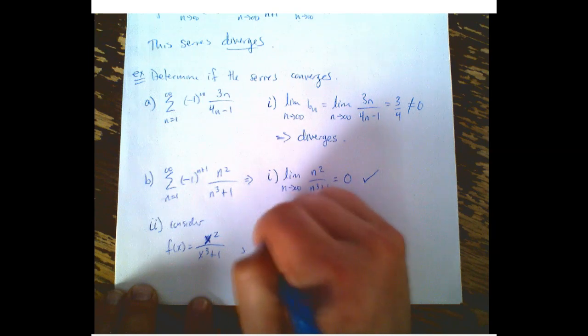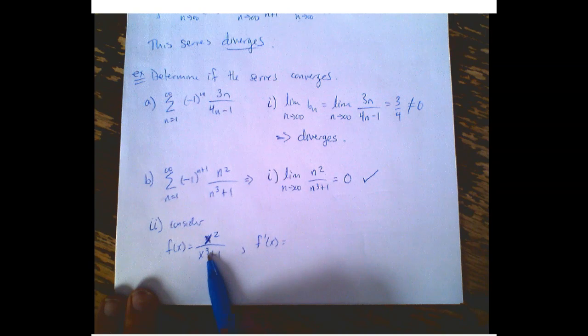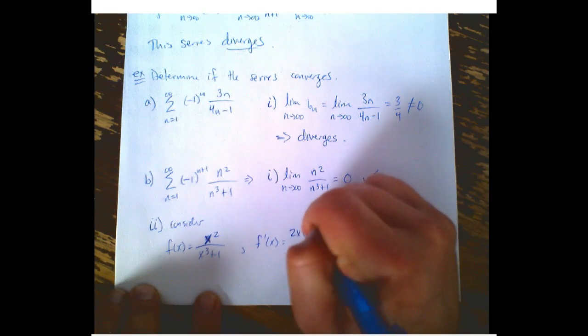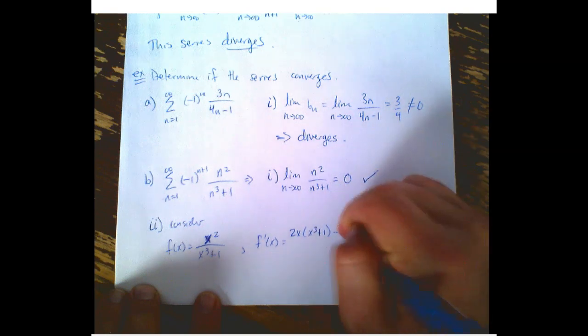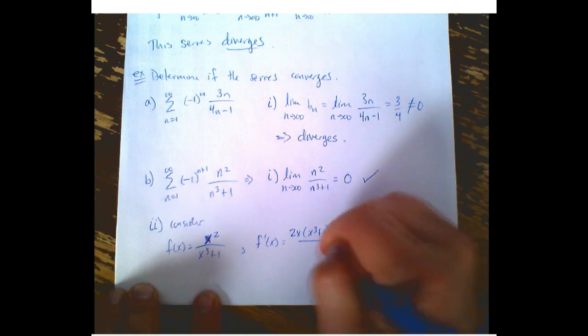So f prime of x would be, well, we have to do a quotient rule here, so derivative of the top times the bottom minus the derivative of the bottom times the top over the bottom squared.